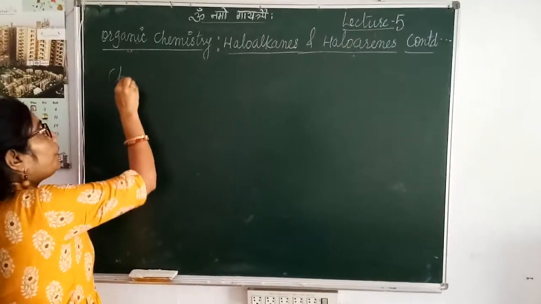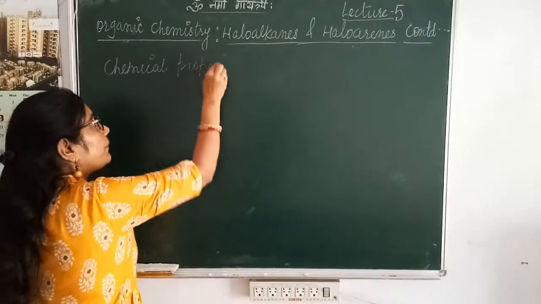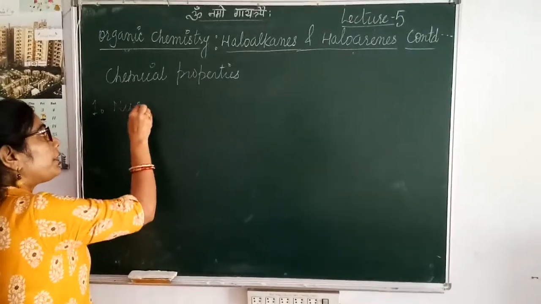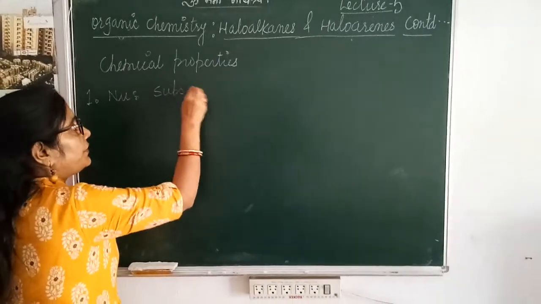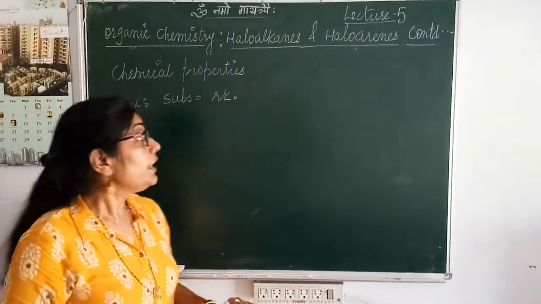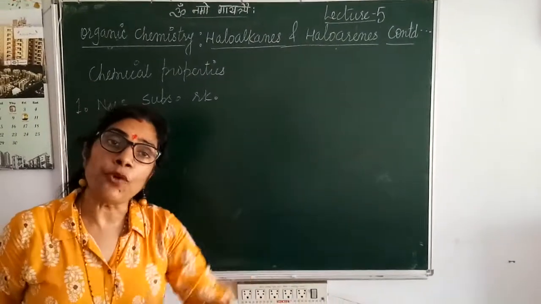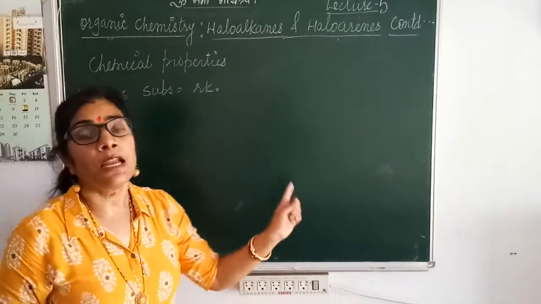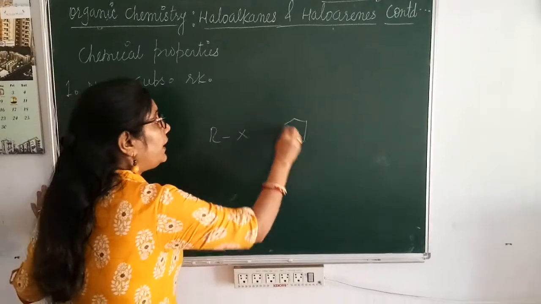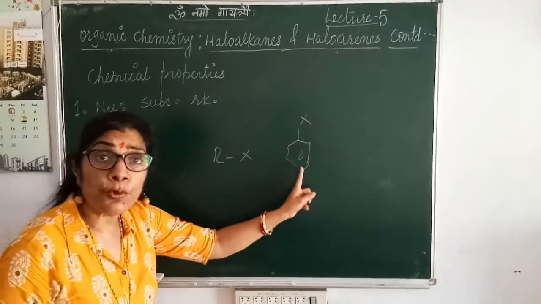Now after physical properties, we'll start with chemical properties. First is nucleophilic substitution reactions. A very vital and important point is that aryl halides or haloarenes are less reactive towards nucleophilic substitution as compared to alkyl halides. Why is it so? Because you can see in aryl halides, haloarenes, they are resonance stabilized.